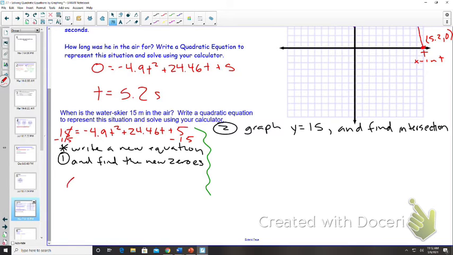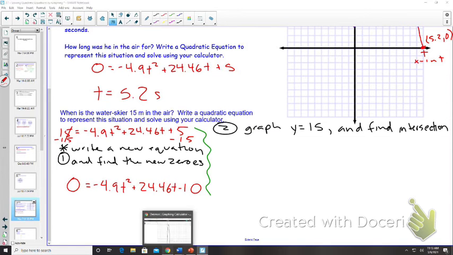Then we get 0 is equal to negative 4.9 t squared plus 24.46 t, and positive 5 minus 15 is negative 10. Okay, so we can graph that now. I'll leave that up there for you guys, and I'm going to graph our new function.